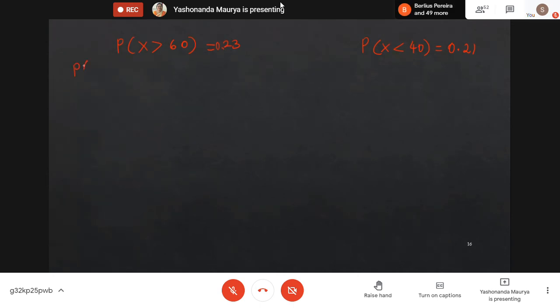So we have P of (x minus mu) divided by sigma greater than (60 minus mu) upon sigma. This time we do not know even mu and sigma. This is equal to 0.23, so this is P of z greater than, say, z1, which is nothing but 0.23.